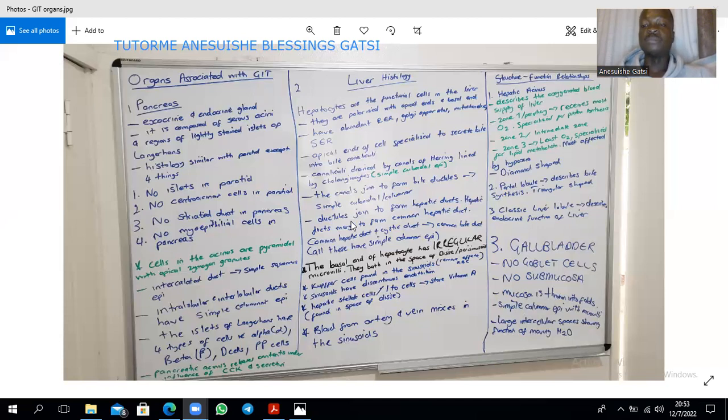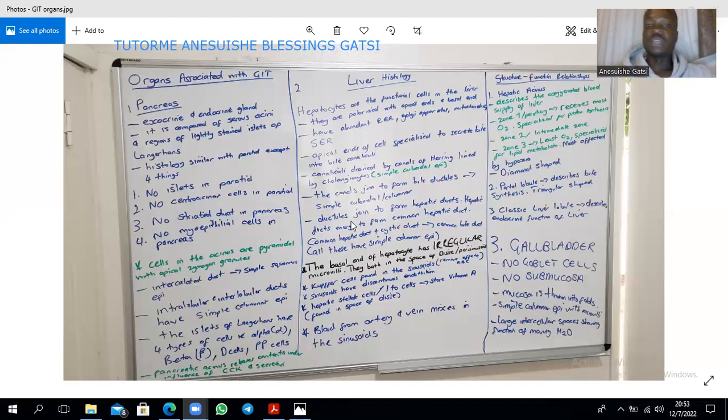Then between the hepatocyte and the sinusoid, remember I said there's a perisinusoidal space, also known as the space of Disse. Within that space of Disse, you find stellate cells known as Ito cells. Ito cells store fat and vitamin A, but in pathology, those Ito cells can become transformed into myofibroblast-like cells that secrete collagen in the space of Disse, specifically in things like liver cirrhosis and so forth.